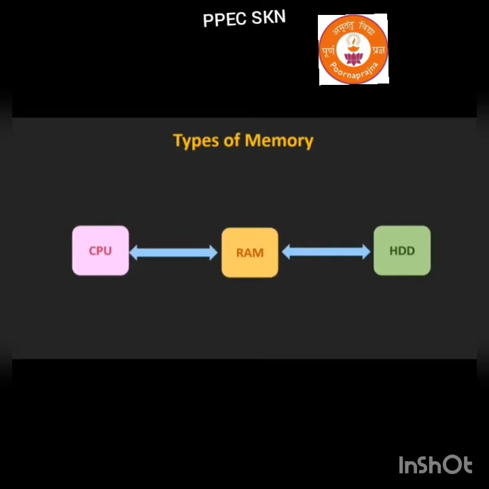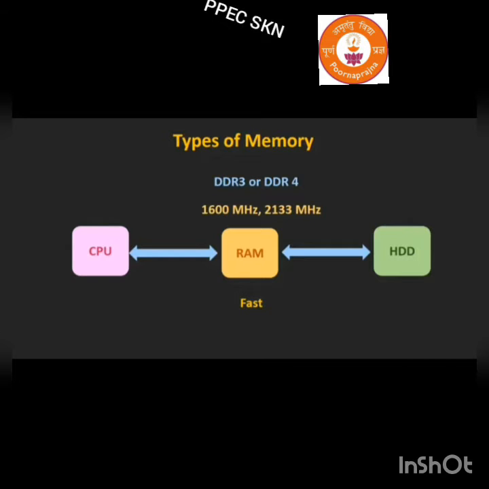RAM is faster than your hard disk drive. RAM can provide data to the CPU much faster than the hard disk drive, but still RAM is slower than the clock speed of the CPU or processor. Typical RAM speed is 400 MHz to 800 MHz. Still the speed is low compared to the clock speed of the CPU.